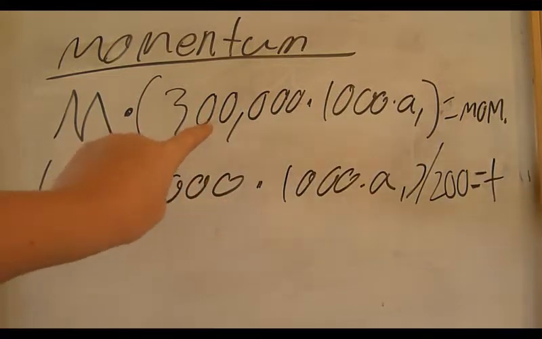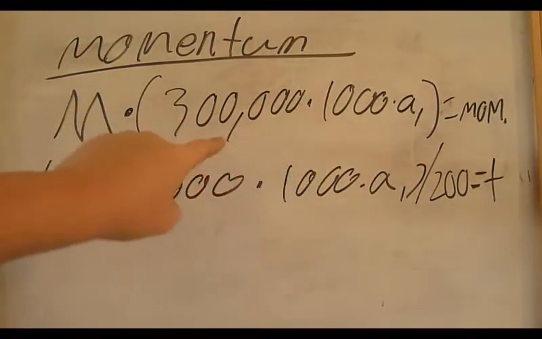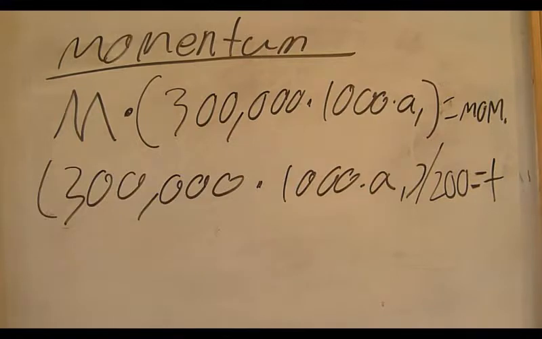And then we've got that multiplied by the speed of light times 1,000 to make it into meters per second, and then we multiply it by our target speed, which will be a fraction, like 1/5, 1/20th maybe, and that's just how fast we want to go compared to the speed of light. That will equal our total momentum, which is how much force we'll have to apply, and we'll see more about that in a second.